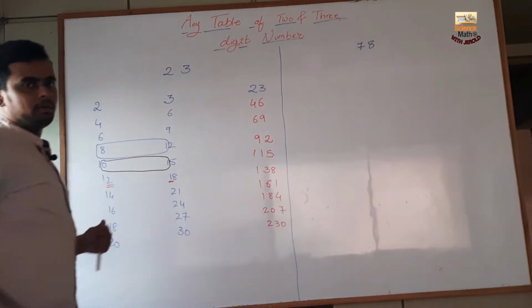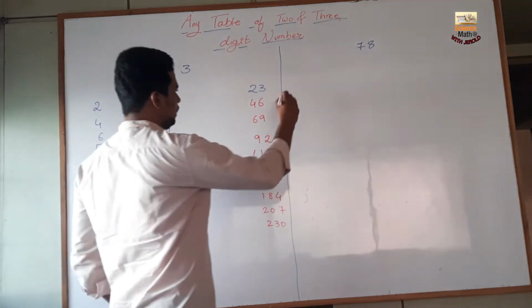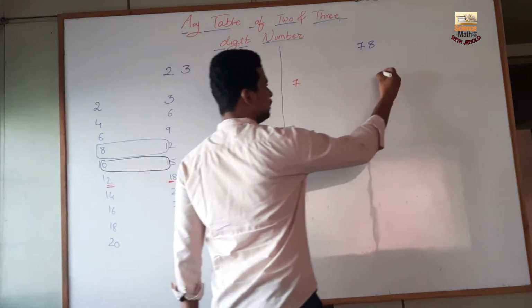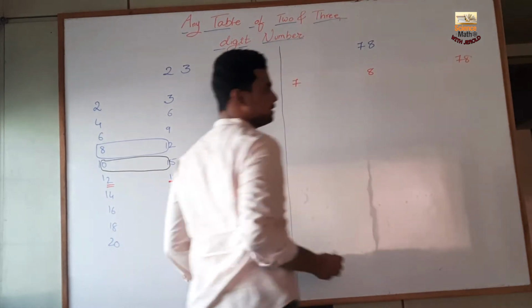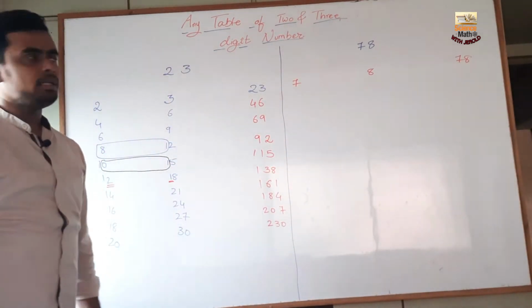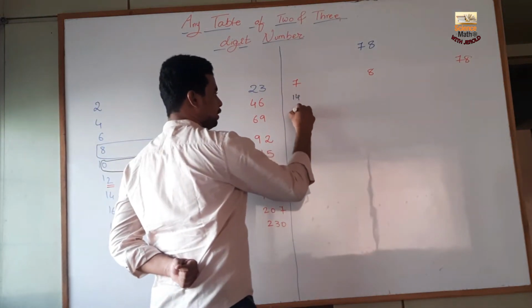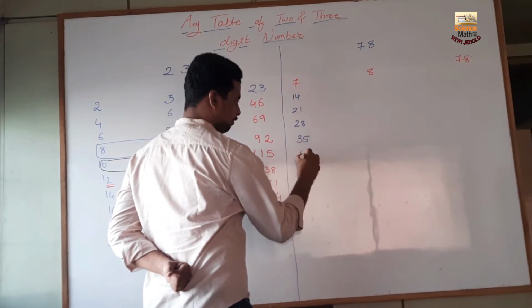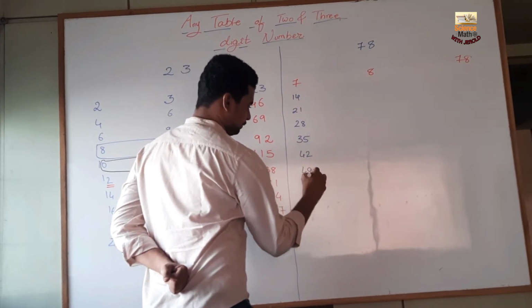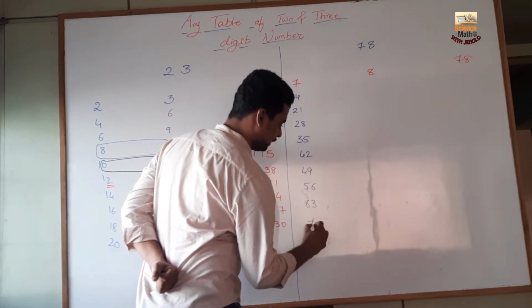So a number is a little bit bigger and we can practice the tables of 7 and 8 as well. So here is number 7, number 8 and finally number 78. Let us see what is the table. 7 ones are 7, 14, 21, 28, 35, 42, 49, 56, 63 and 70.